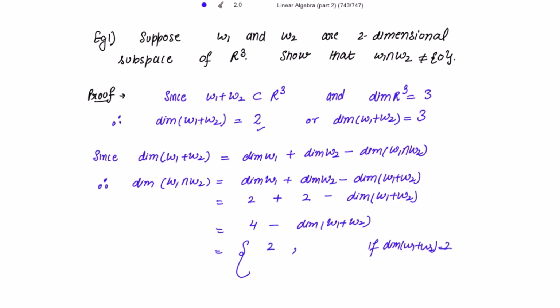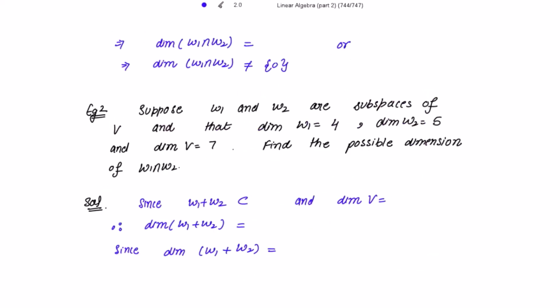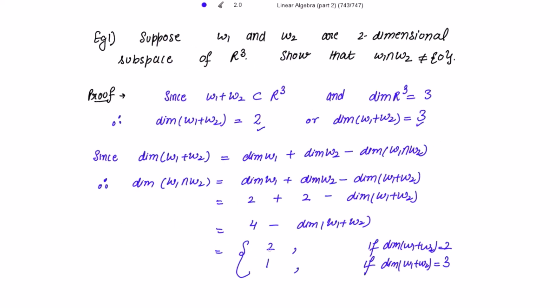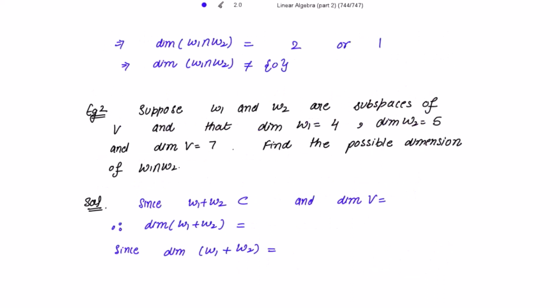So the dimension of the intersection is 2 if the dimension of their sum is 2. If I put 3 over here, I get 4 minus 3, which is 1. So we get 1 if the dimension of the sum of the subspaces is 3. Which means the dimension of their intersection is either 2 or 1. That means the dimension of their intersection is not equal to the 0 element, right?